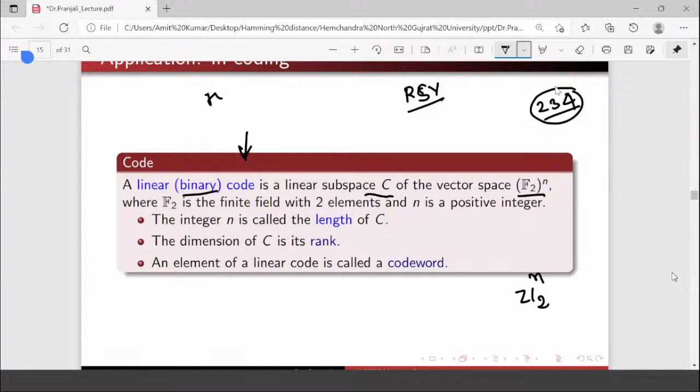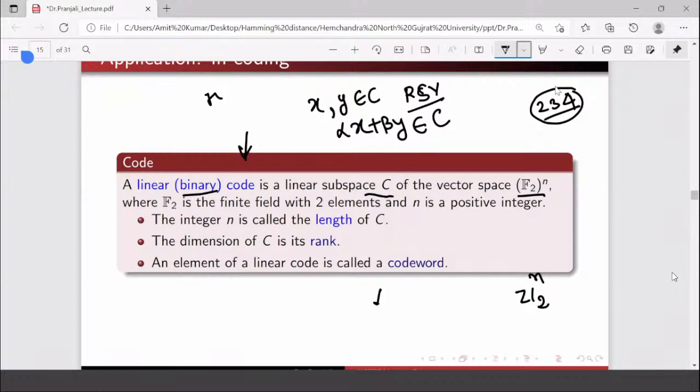So we know that this is a vector space over the field F2, where F2 is a finite field with 2 elements. So we take any subspace. Subspace means that if you take 2 vectors, x and y, from this C, and alpha and beta are scalars from Z2, then alpha x plus beta y has to be in C only. This is the necessary and sufficient condition for a subspace.